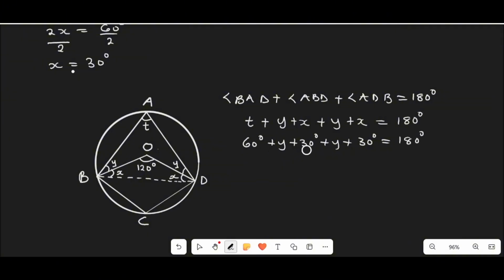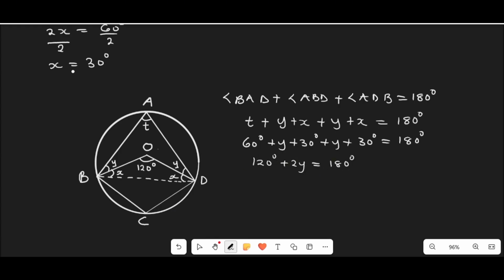60 degrees plus 30 degrees gives us 90 degrees, plus 30 degrees gives us 120 degrees. y plus y gives us 2y. So 120 degrees plus 2y equals 180 degrees. Let us transpose 120 degrees to the right hand side, and the positive sign changes to negative.